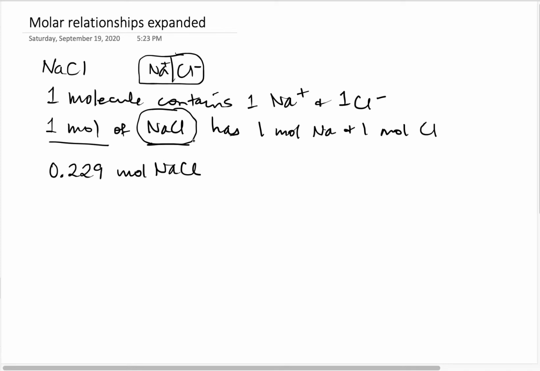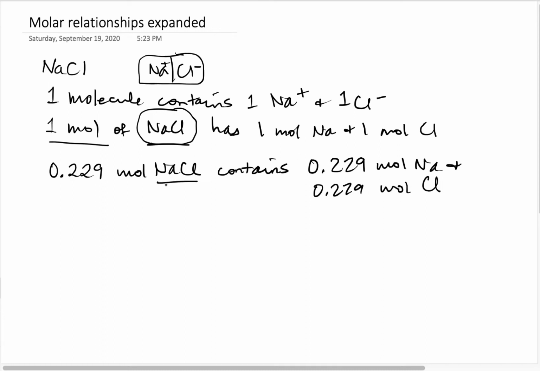If we have 1 mole of sodium chloride and 1 mole each of sodium and chlorine, that means that if we have 0.229 moles of sodium chloride, it contains 0.229 moles of Na and also of Cl.